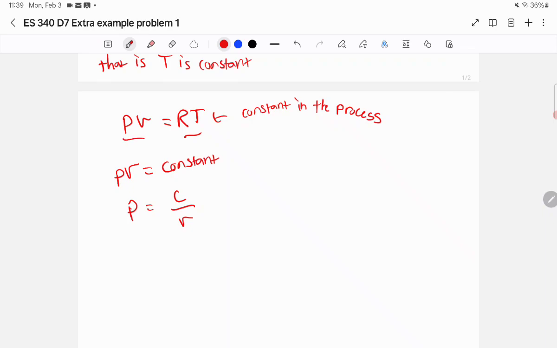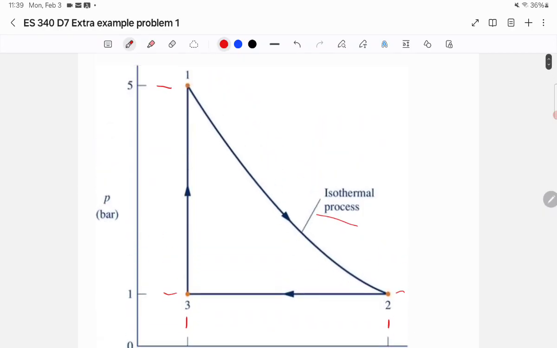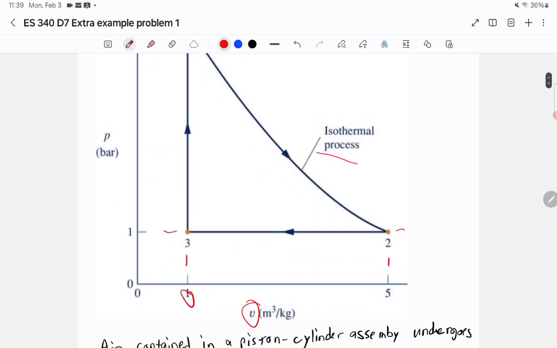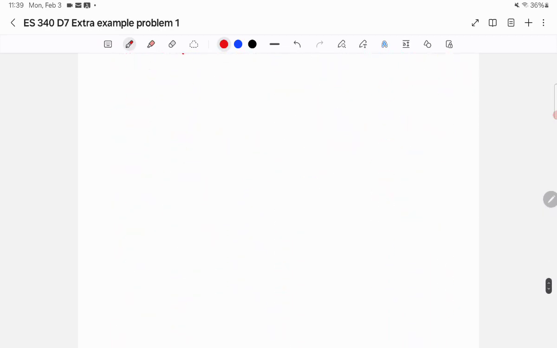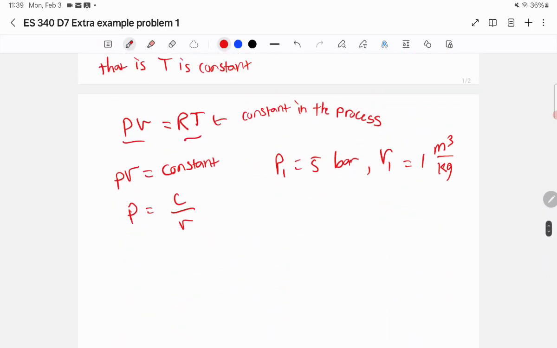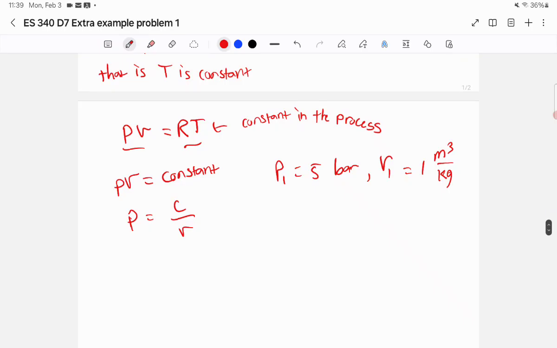So if I do P1 is equal to 5 bar, and V1 is equal to 1 cubic meter per kilogram, which is what I can read off of this chart here, 1 for V and 5 for P. And then what I can do is I can find that constant C.